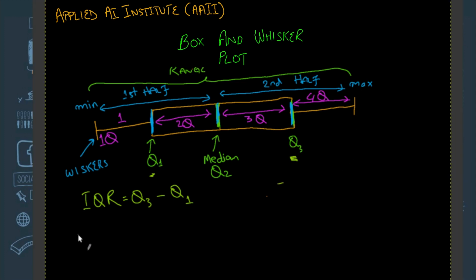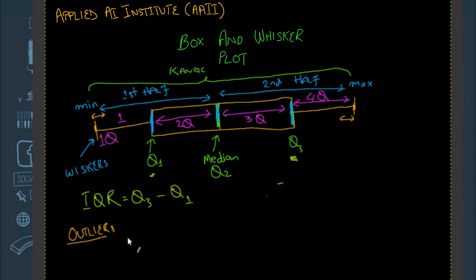Let's discuss the outliers, and how we can categorize them in our data. We discussed that this is the minimum point and this is the maximum point. To get an idea of the furthest points, maybe somewhere around here or here, the outliers are calculated.